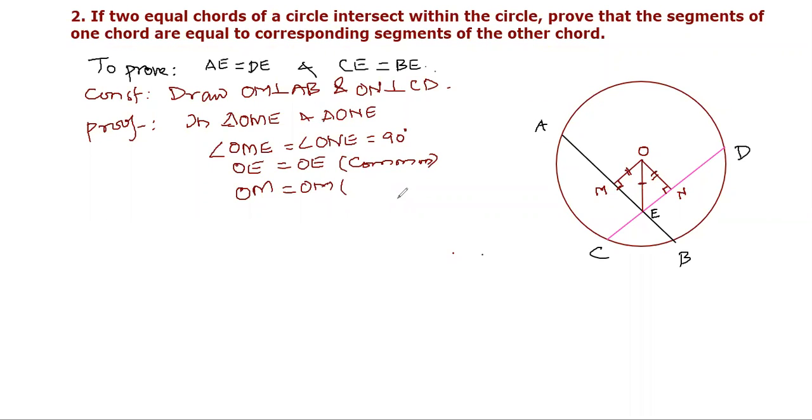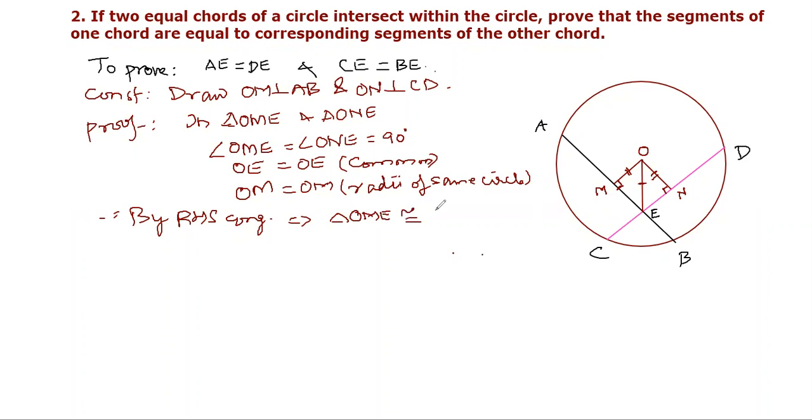So by RHS congruency, triangle OME is congruent to triangle ONE.